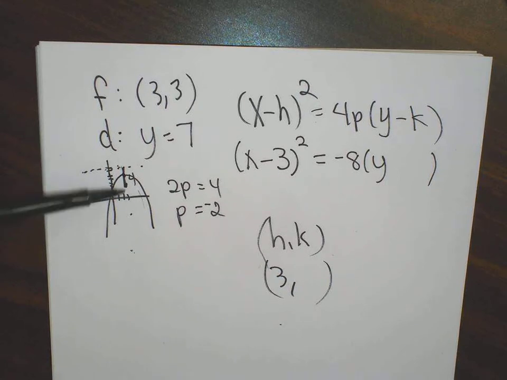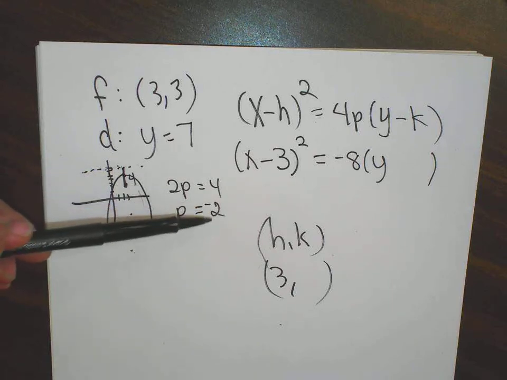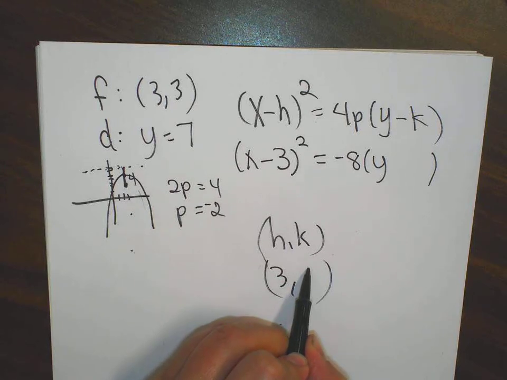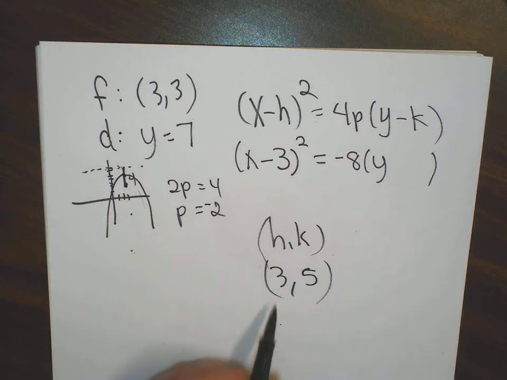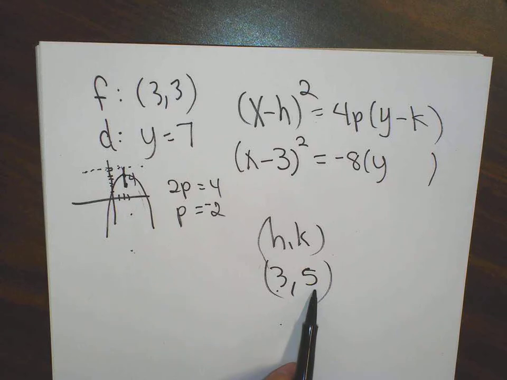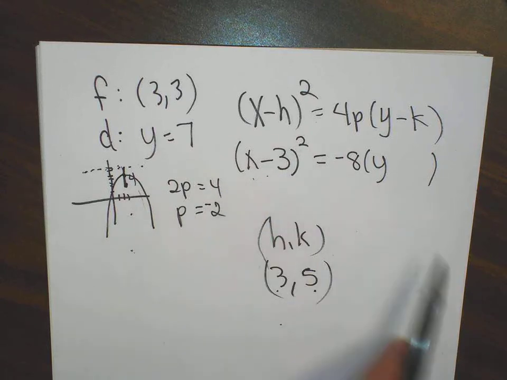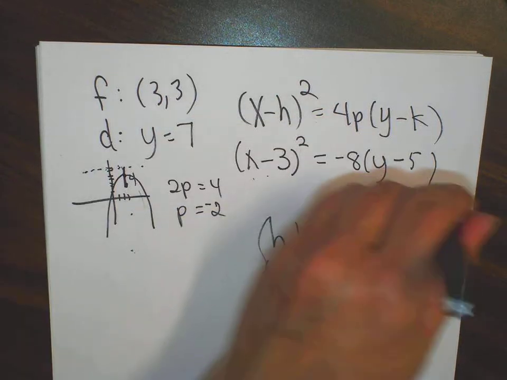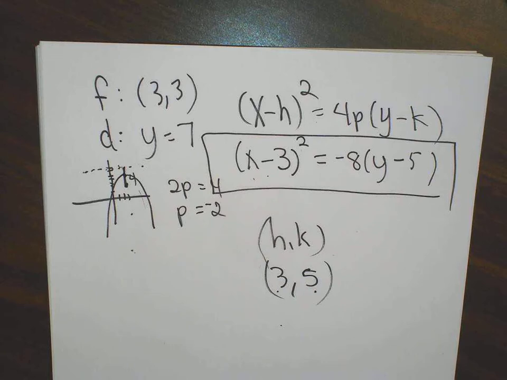If this is at 3, to move up from that, I'm going to have to add my length of 2. So 3 plus 2 would be 5. So h is 3, k is 5, so it's x minus 3 quantity squared equals -8 times y what? Y minus 5. That's it.